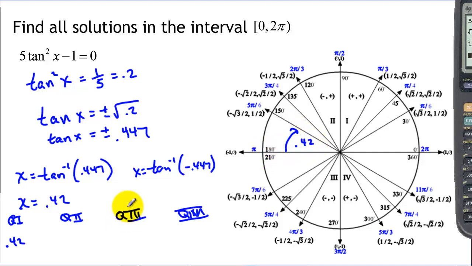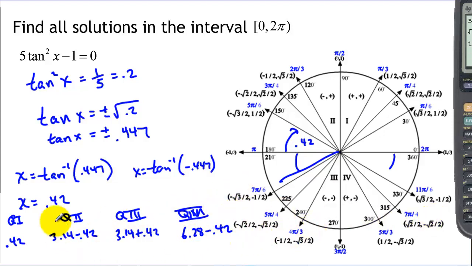So we need to take 180, pi, which is 3.14, minus 0.42. Q3 will be this angle, so we're taking 3.14 plus 0.42. And quadrant 4 here will be 2 pi, which is 6.28, minus 0.42.